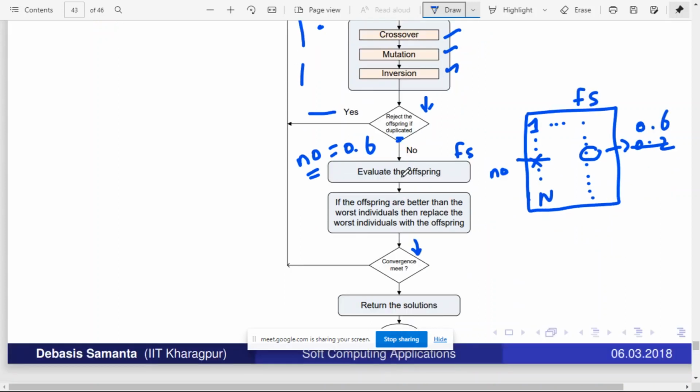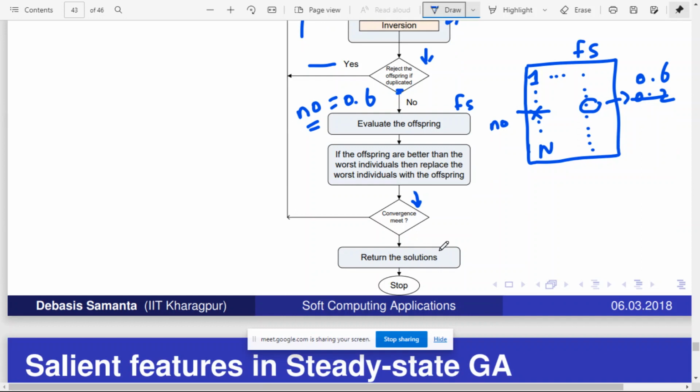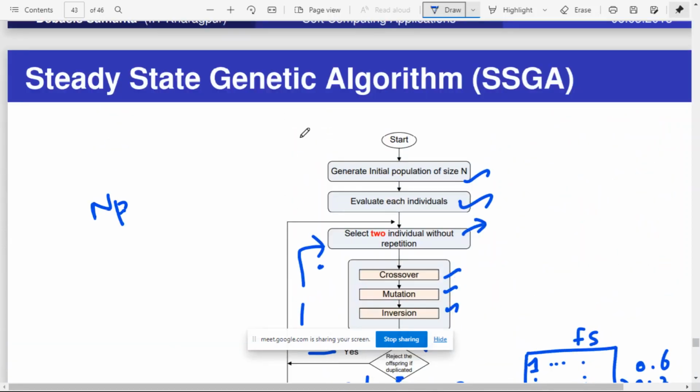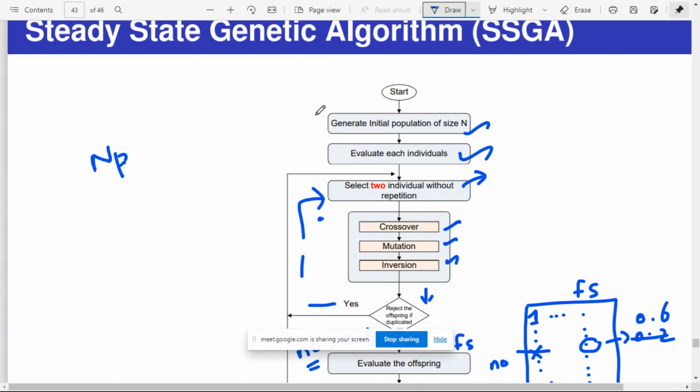If it is not a duplicate offspring, then evaluate its fitness score, and if its fitness score is better than the fitness score of the worst individual, then replace the worst individual with this new offspring. Then check whether convergence is met or not. If convergence is met, then return that as a solution and stop. Otherwise, repeat this process. So this is how the steady state genetic algorithm works.